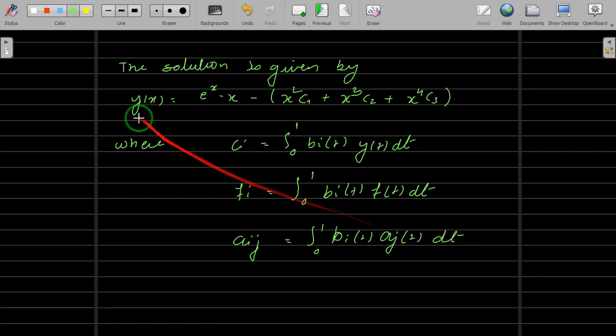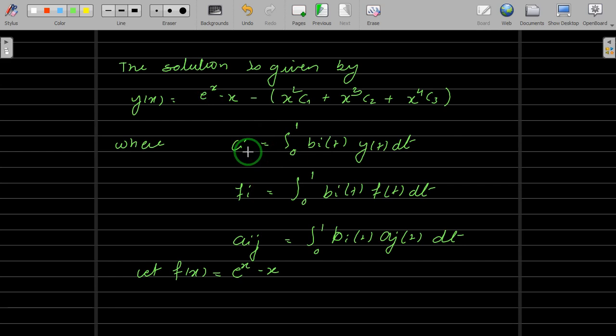By using this and your function f, in this case let me write that f also. Let your f of x is nothing but e raised to x minus x, right? Now using this, calculate the values of this f1, f2, f3, then c1, c2, c3.